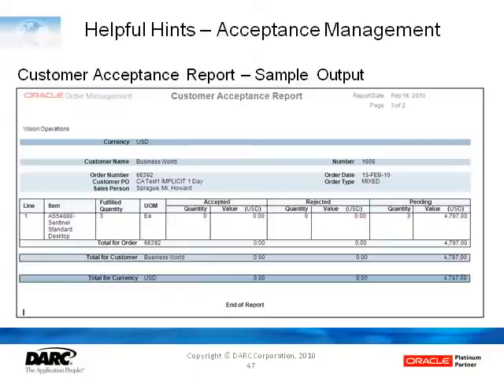The catch here, which this is a standard report by Oracle, and I don't know if the way I ran it is eliminating data from the view or this is just the standard result. Besides fulfilled quantity, it would be helpful for a user to see the fulfilled date. The other thing that would be helpful for a user in managing acceptances, yes, I have nothing accepted and nothing rejected, and I have 3 pending.